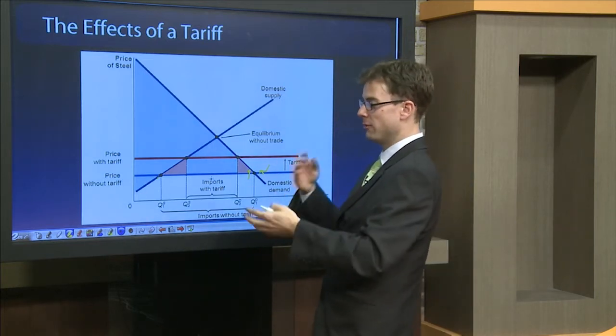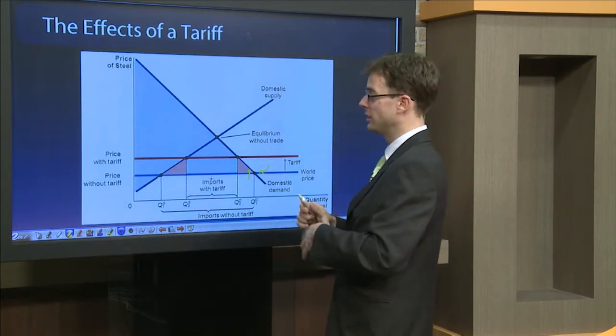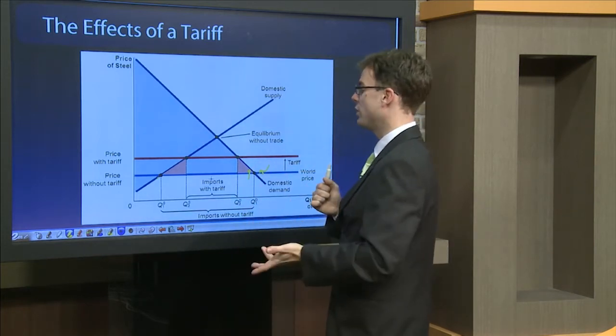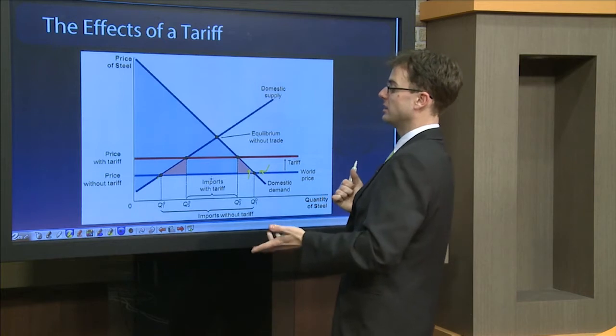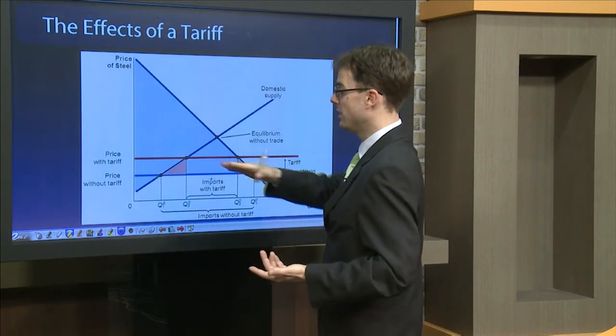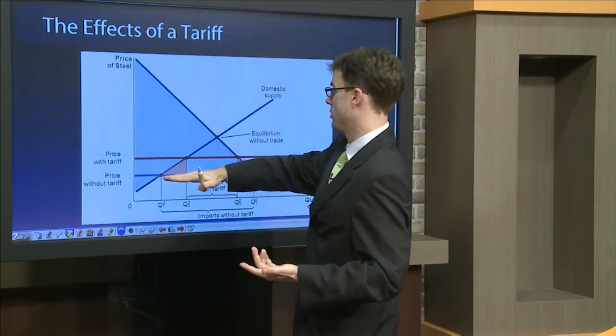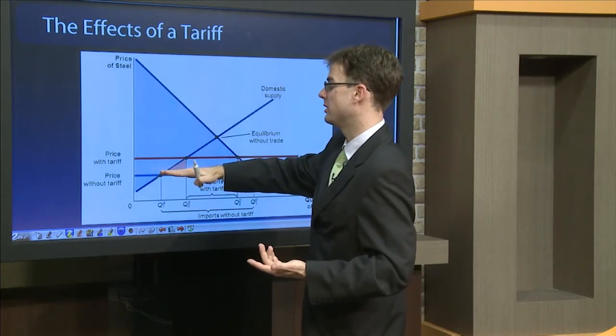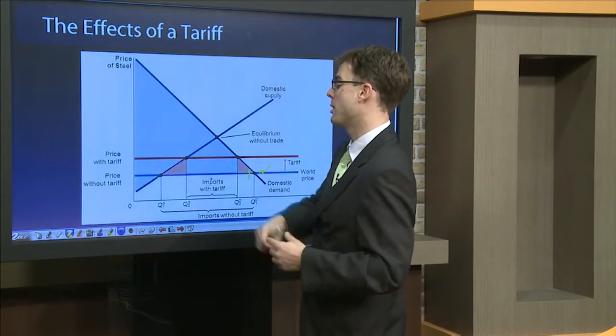From the discussion in previous chapters, if the government introduces a tax, that means that the effective supply curve in the industry increases by the amount of the tax.